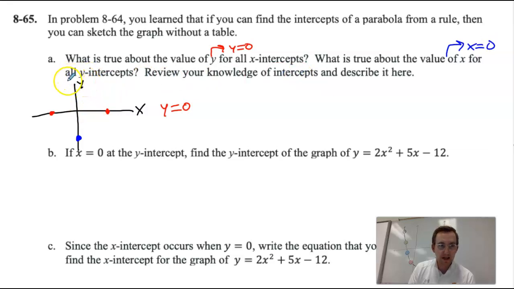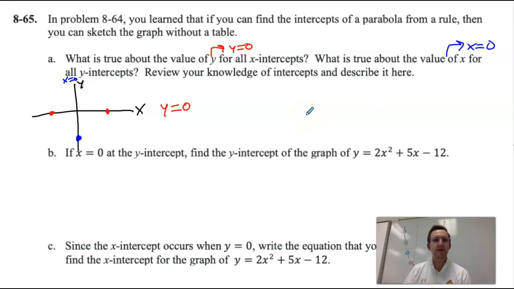So y-axis, that means that x is equal to 0. X-axis means that y is equal to 0. So the intercepts on those corresponding graphs will always be equal to 0 for either x or y, depending on which one it's at. So again, if we're on the x-axis, y is 0. If we're on the y-axis, x is equal to 0. Again, that is what we're looking for there.